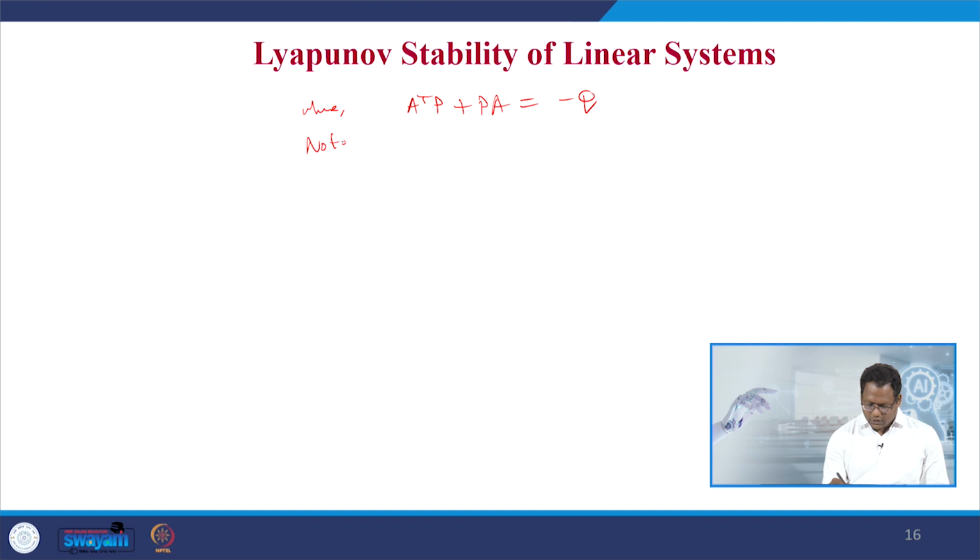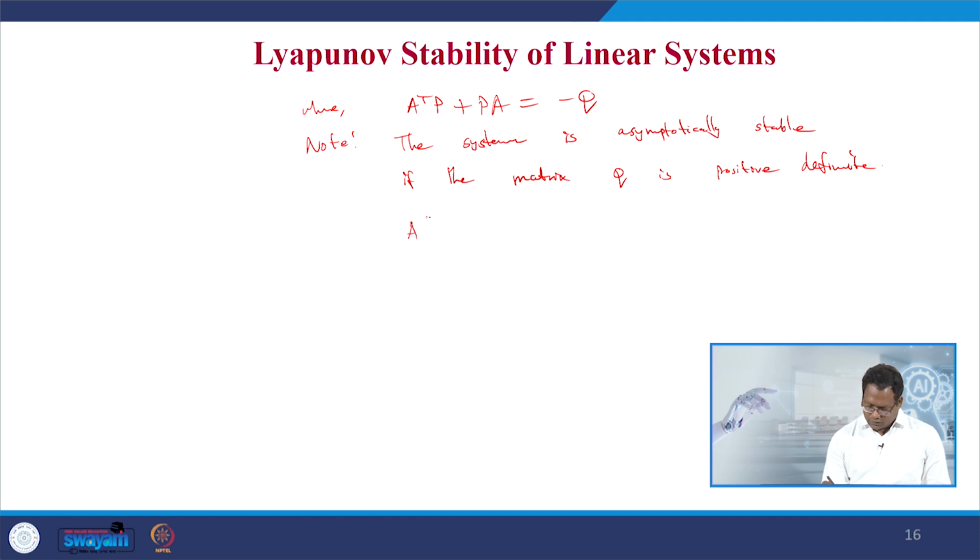So, one thing we need to note that the system is asymptotically stable if the matrix Q is positive definite.